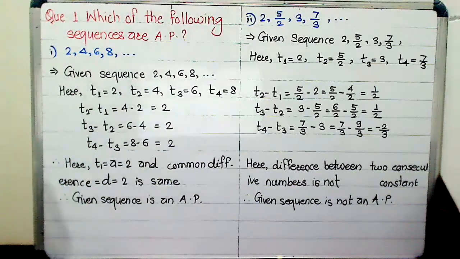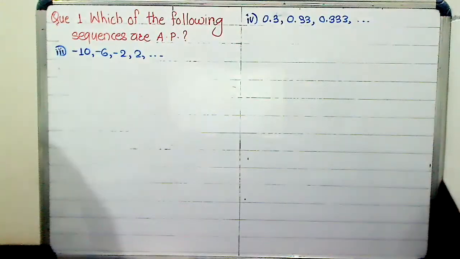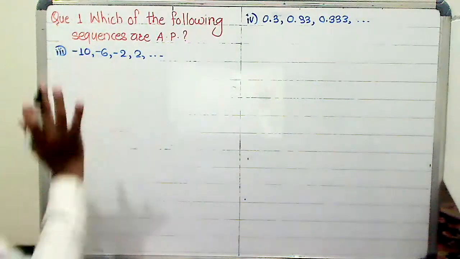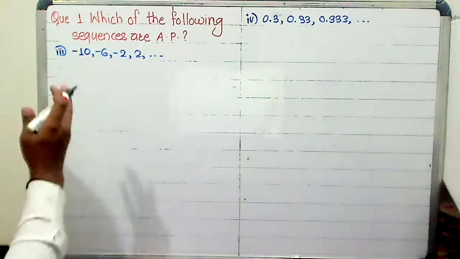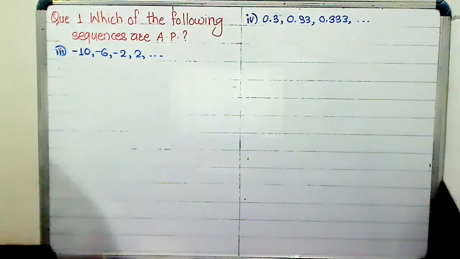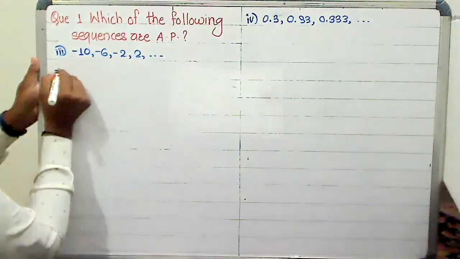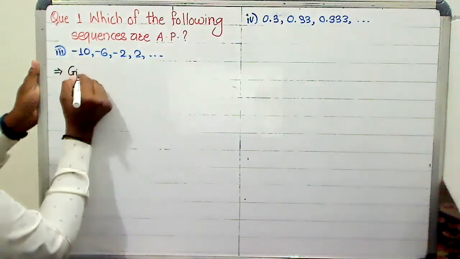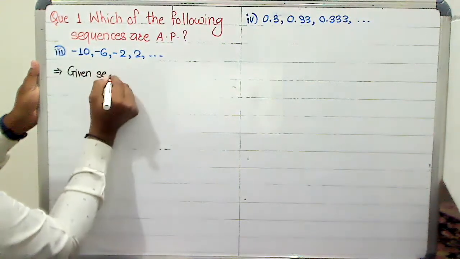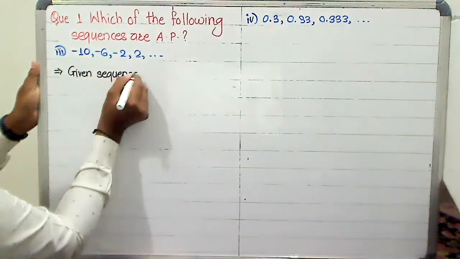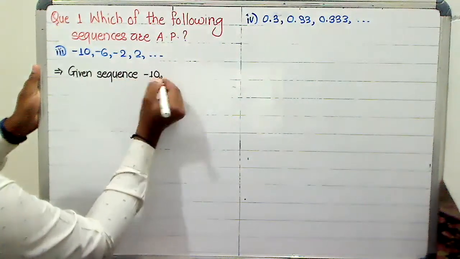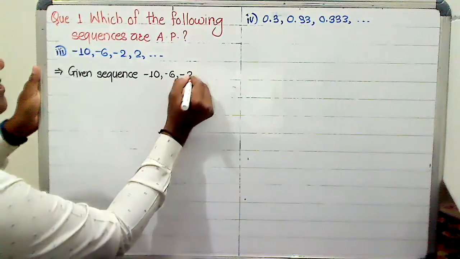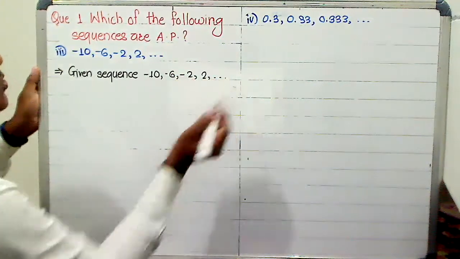I hope you understood these two examples. Now we'll see some next examples. The next given sequence is minus 10, minus 6, minus 2, 2, and so on.